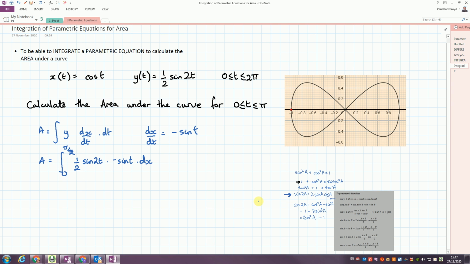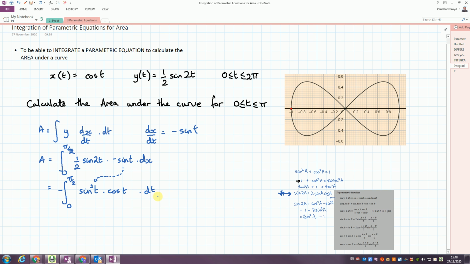Sine 2t is this one, and when we change it into something we might be able to integrate, we multiply by 2. So this becomes an integral from 0 to pi over 2 of 1/2 times 2 is 1, sine of t times cos of t times the sine of t again, so that's where we get a squared, and we get a minus in front.